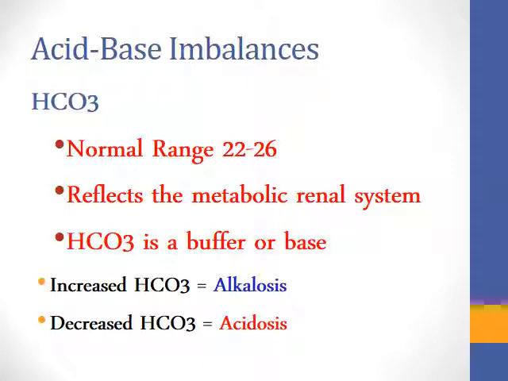It's the base. Okay, we said that the PCO2 or carbon dioxide is an acid, and the bicarb is your buffer or your base, which is the HCO3. So this one is going to be, if you have increased, you have alkalosis, and if you have a decrease, then you have acidosis.